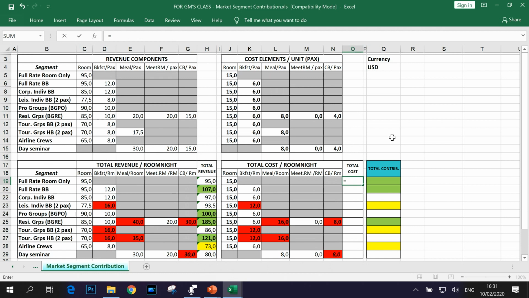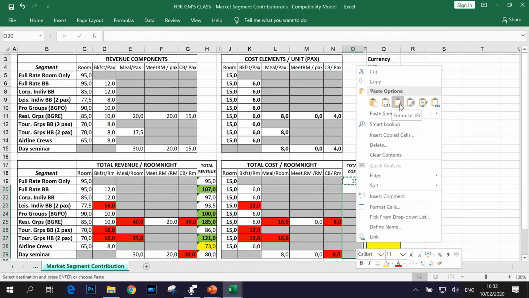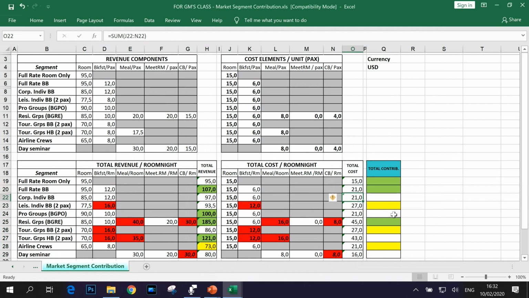When it comes to full rate room only segment, there's no other cost apart from the room cost. So it will be only 15. Let's copy and paste. Yes, and then you can identify different cost level.